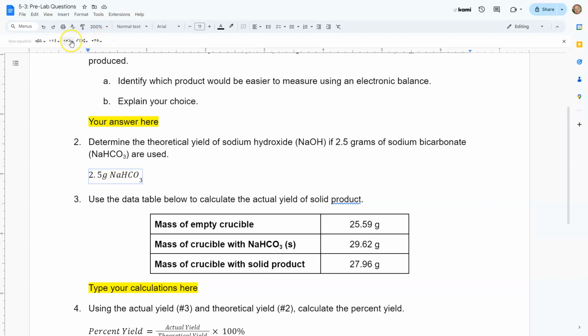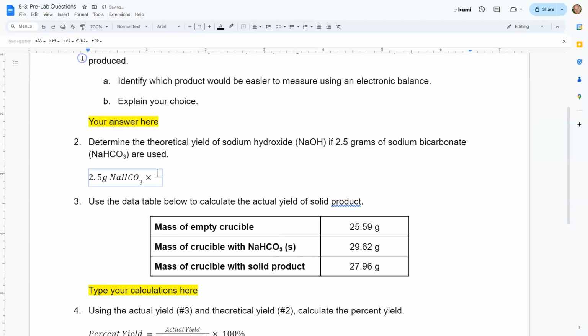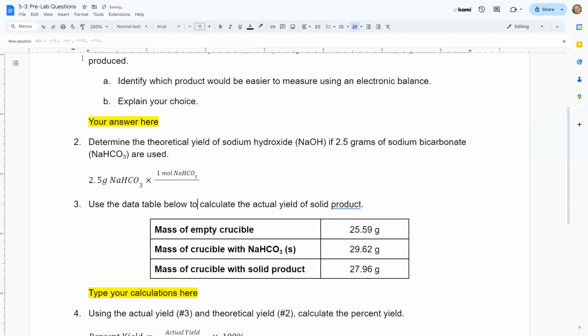So that's my first part, and I know that I need to multiply, and now I need a fraction. If I go up to the top, it's the 4th option here, A over B. That is a fraction. So it puts me in the numerator. I know that in my numerator, I'm going to need 1 mole NaHCO3.